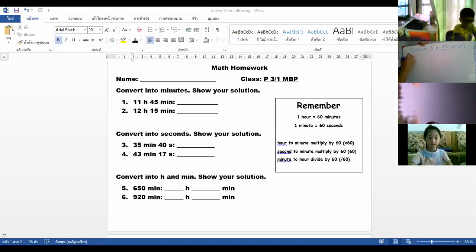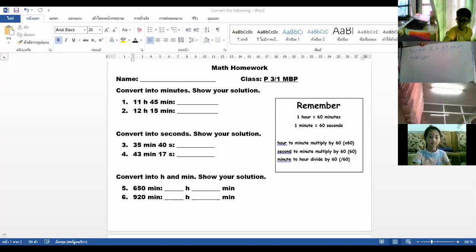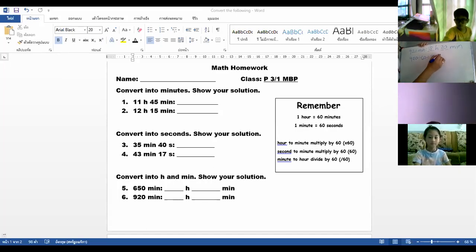Okay, let's try to check. So 920 divide 60, right? Let's calculate. That's 920 divide 60. So that is 15.33. So just cancel this one and put 15 over here. Now let's multiply 15 by 60.